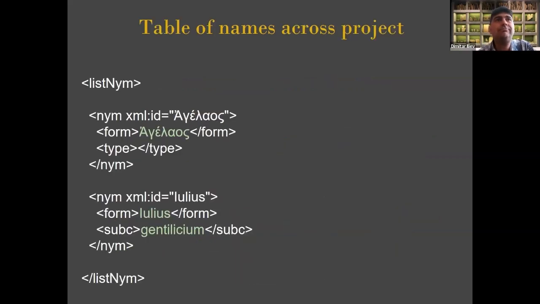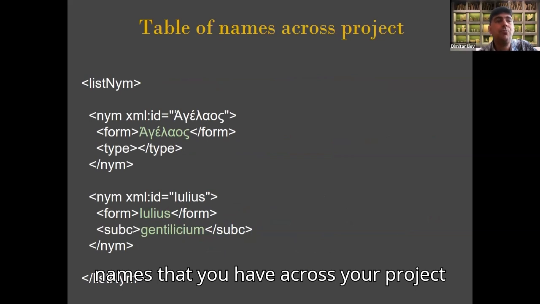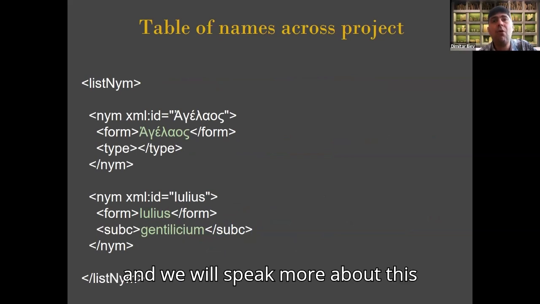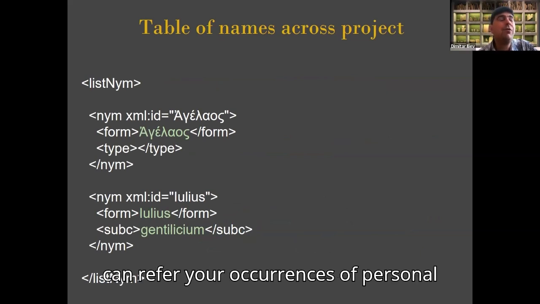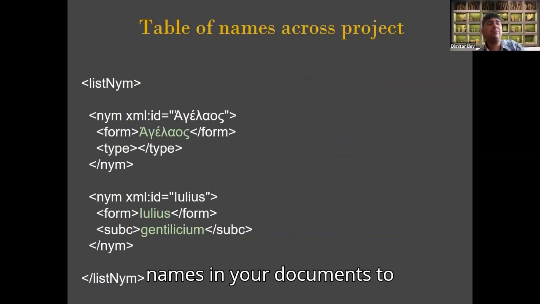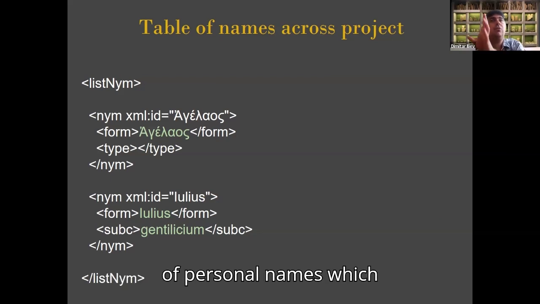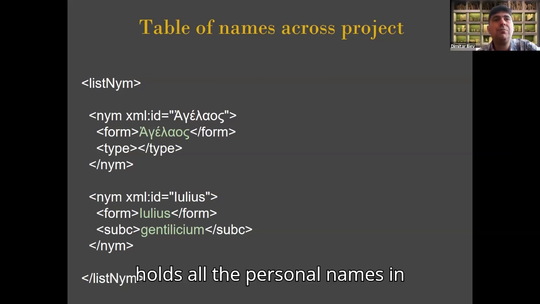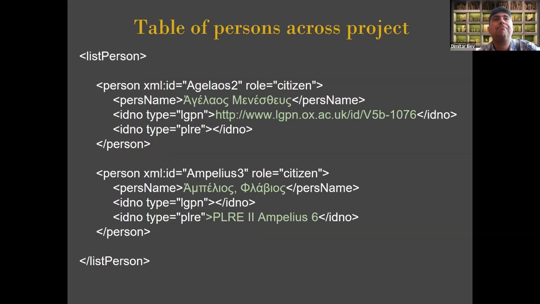You can also make an authority list of all the names that you have across your project, and we will speak more about this in the days to come. But you can refer your occurrences of personal names in your documents to a list of personal names, a separate list of personal names, which holds all the personal names in every document in your project, and you can refer to them.